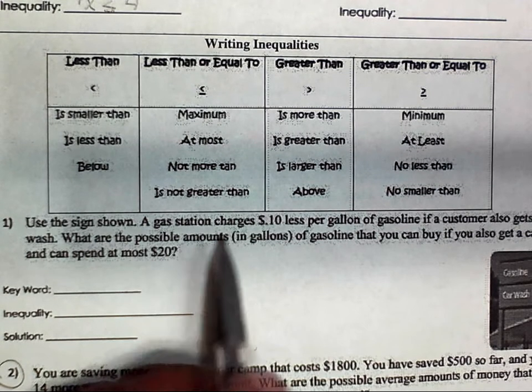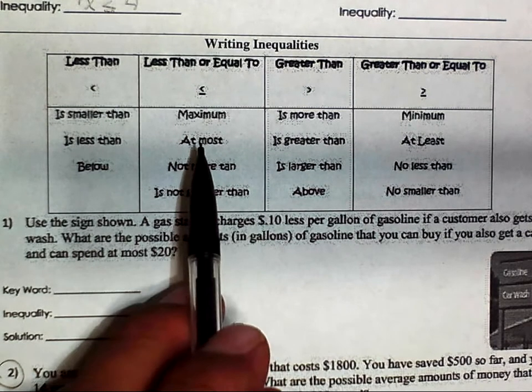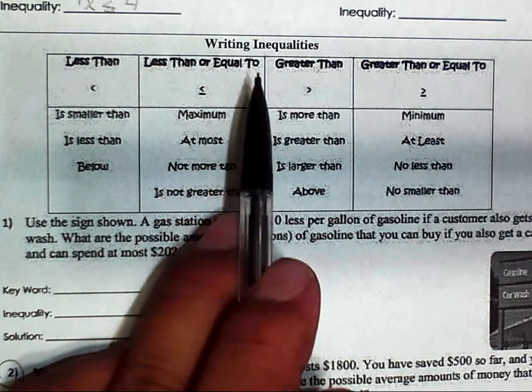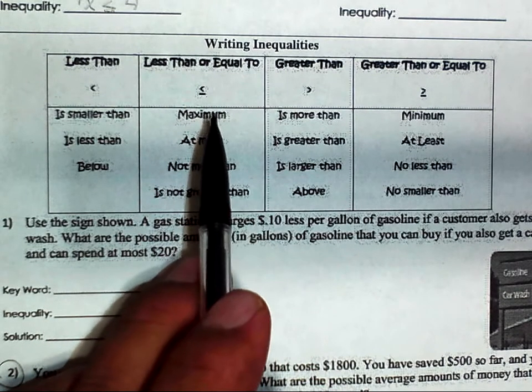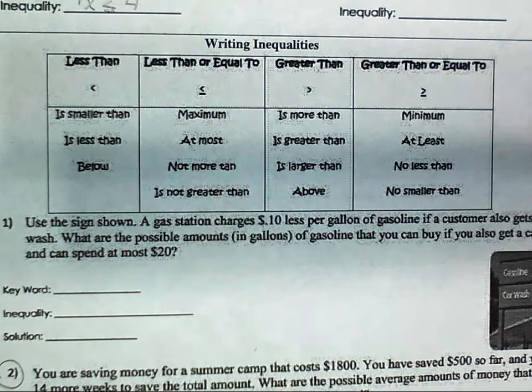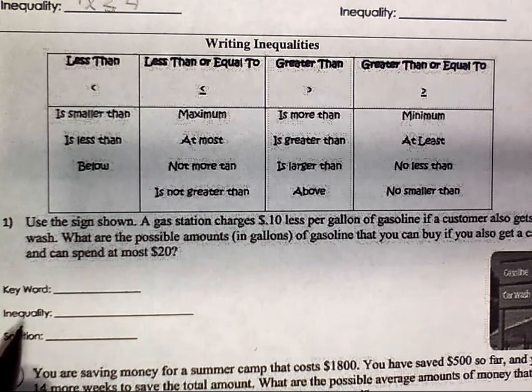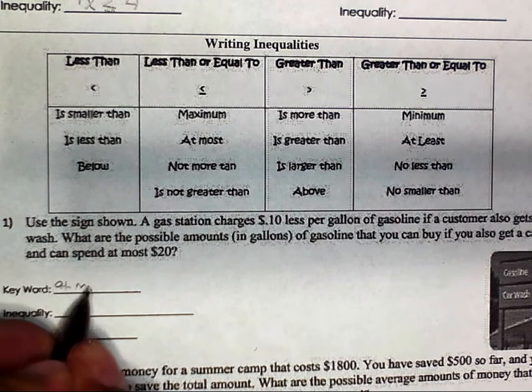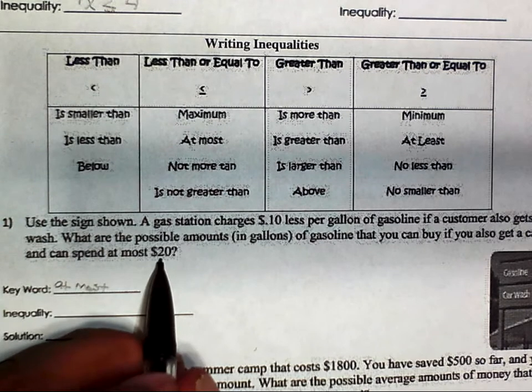At most. You go up here, where is at most? At most is this. At most means it's going to be less than or equal to. In other words, you can spend $20, but you cannot spend $21 because it's at most. You can spend less than $20. Okay. So, keyword is at most. This is how much I'm going to spend, or less.